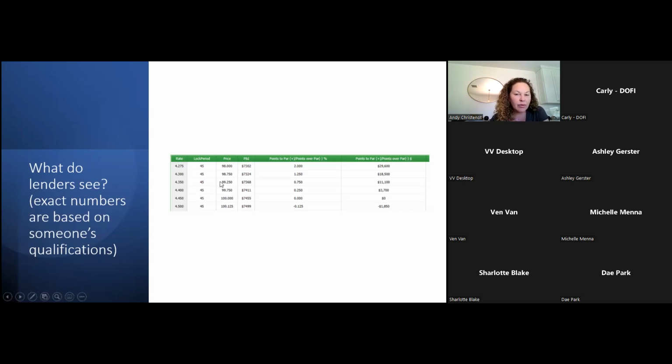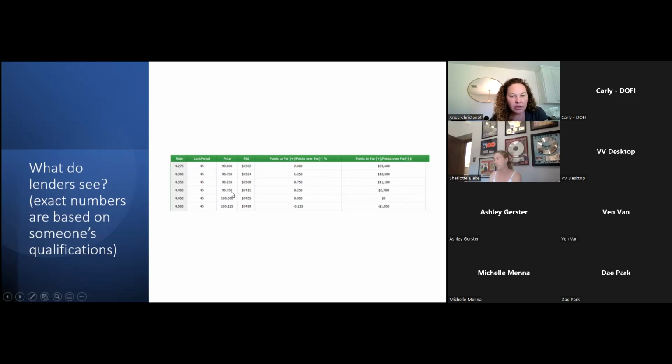And so if we're going to price match a bank, depending on what that price match is, if somebody comes to me and says, oh, B of A is offering me 4.35 at no cost, at that point, I then have to take it to management and go, management, are you willing to eat, in this case, $11,000 in margin? So it either comes out of margin, or it is the responsibility of the buyer if they're going to buy down the interest rate, if you will.